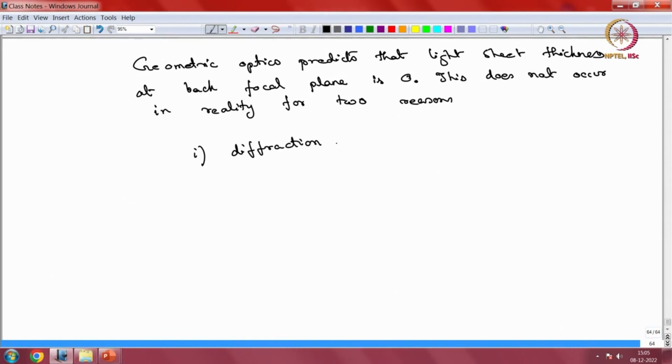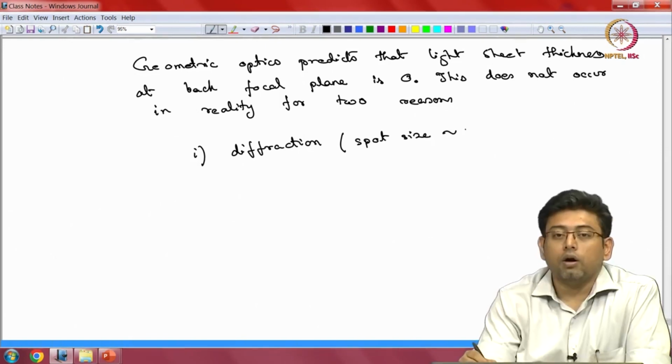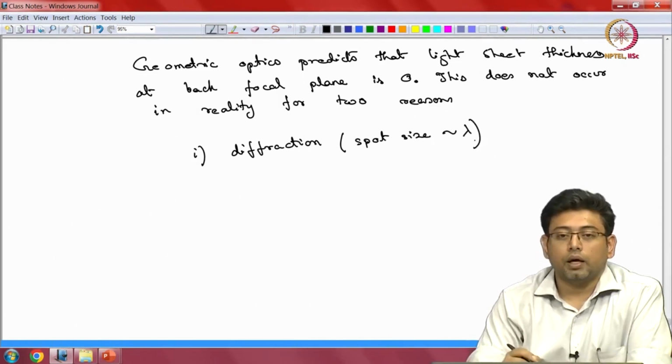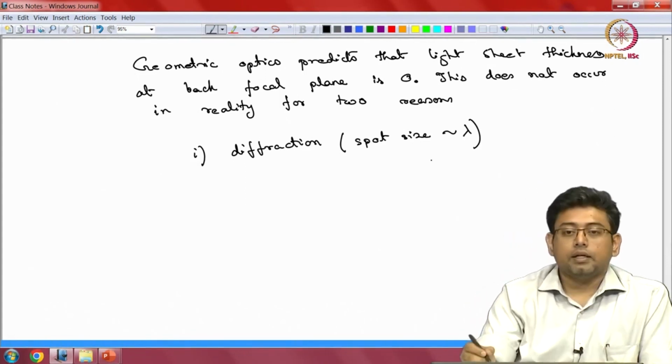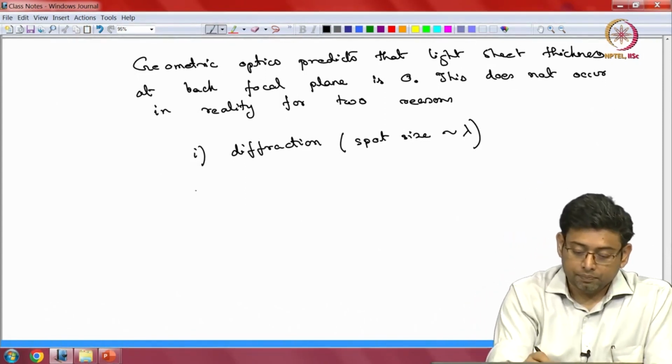Instead, the diffraction results in a finite spot size, which is usually of the order of the wavelength of light being used. Okay. The exact calculations I am not presenting, it is not exactly lambda, but it is of the order of lambda.